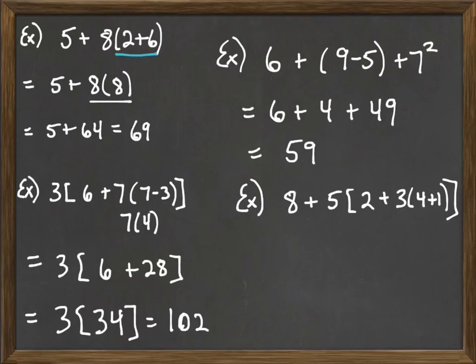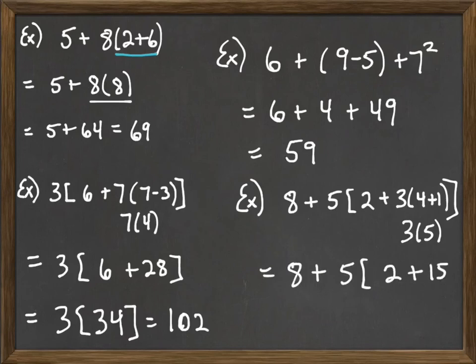So, like in the last example, I need to first add 4 plus 1 to get 5. Right, and then I can do my 3 times 5 to get 15. And now I can rewrite 8 plus 5 times 2 plus 15.